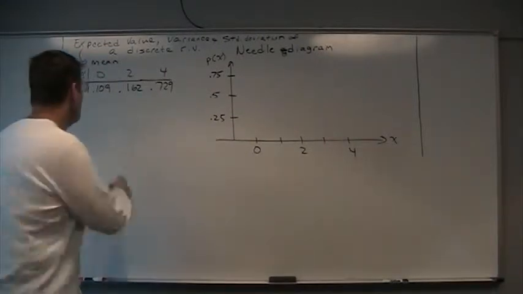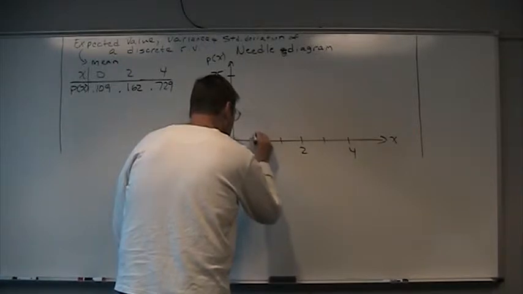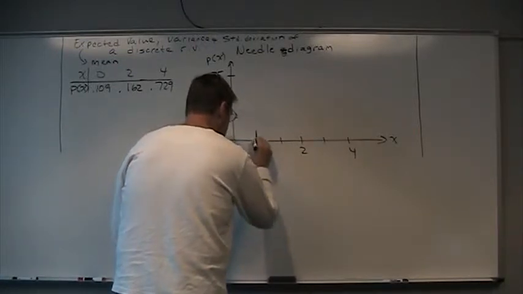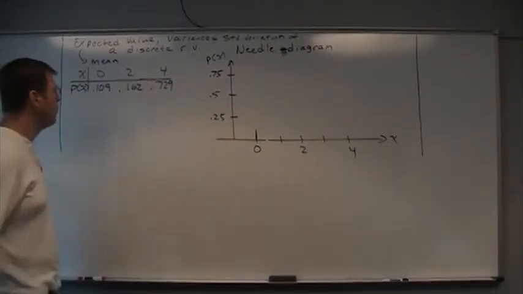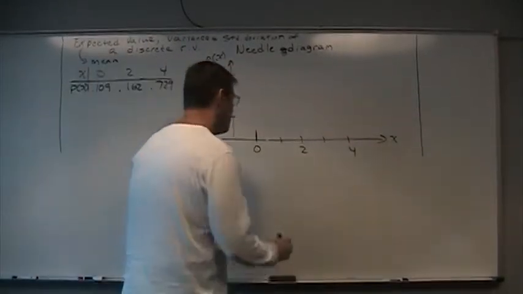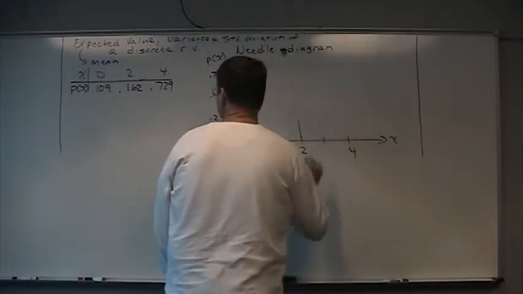So at 0.109, that's about 2/5 of the way up to our first tick mark, so right about there. In the case of 2, 0.162, so that's going to be a little bit higher, maybe right about there.